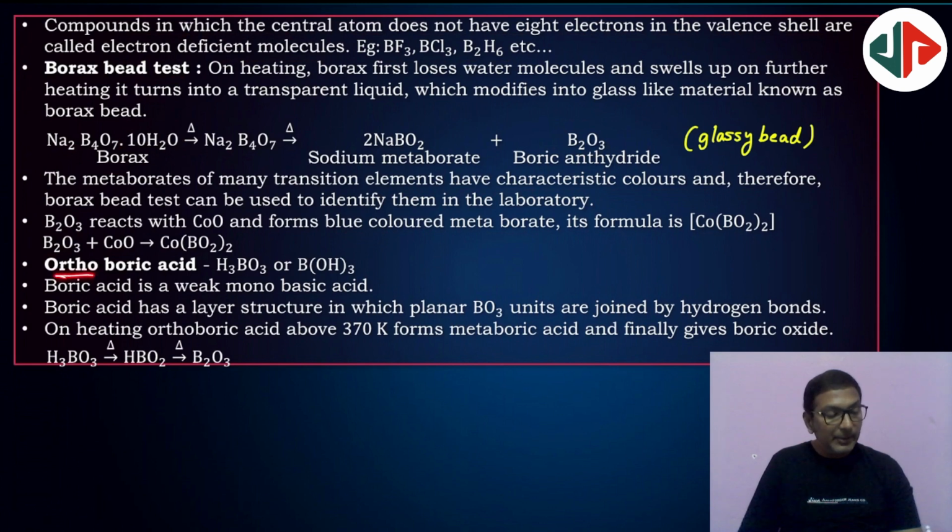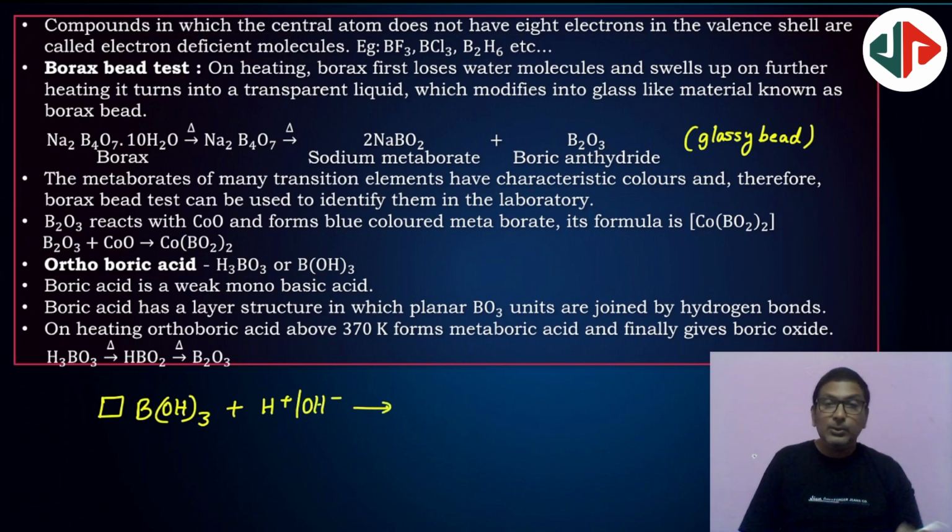Next, about boric acid, H3BO3 or B(OH)3, you can write it either way. It is a weak monobasic acid. How? Boric acid B(OH)3 has one vacant orbital that reacts with water.